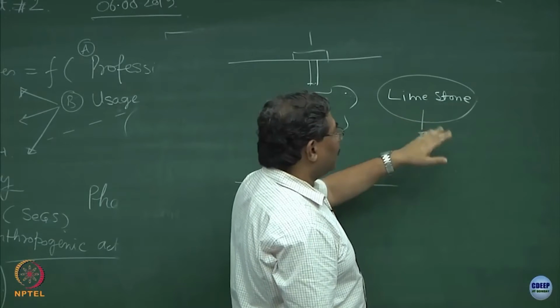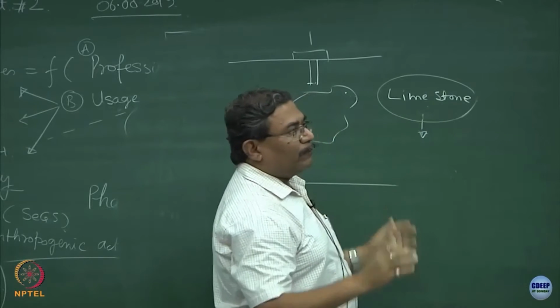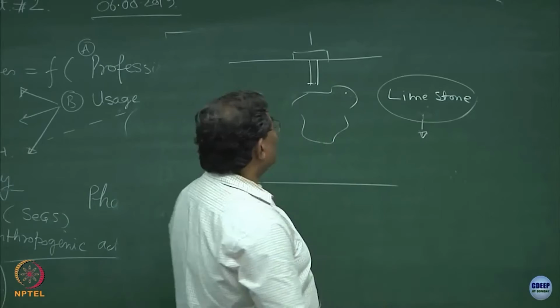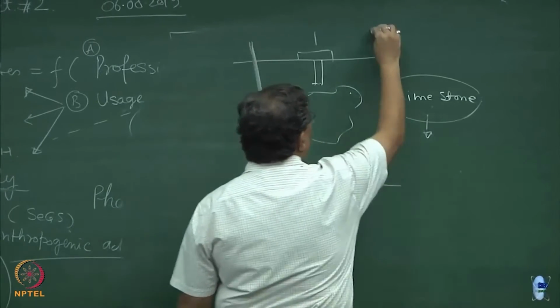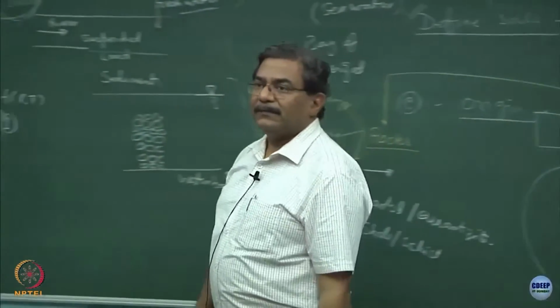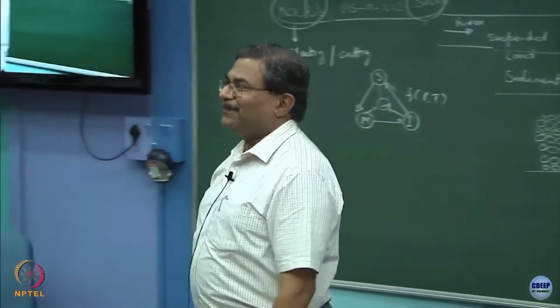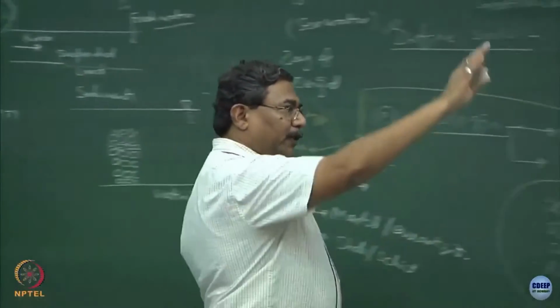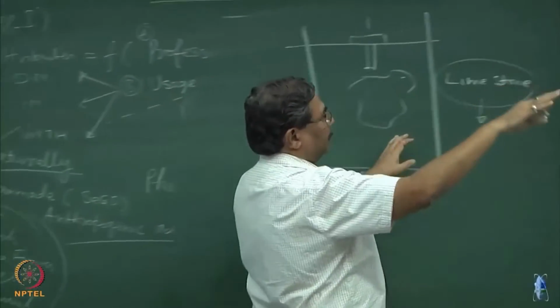It is a natural phenomenon, I can't stop it. There is no way I can put a containment like this, it can be done only on the blackboard. In real life you cannot do it. Why? Water will come from below. So you can't control it, you have to live with it.